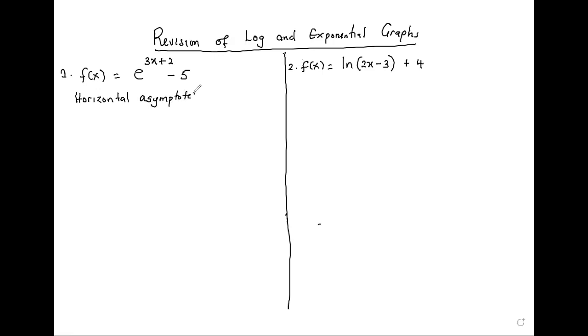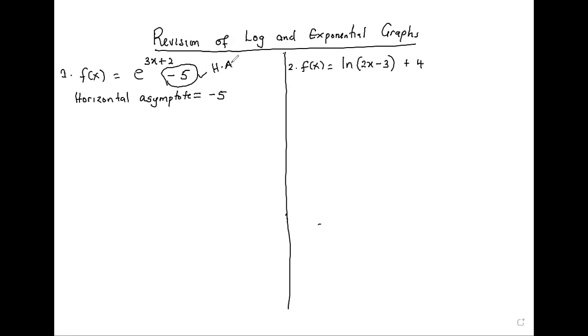This is your first thing. Once you sketch this function, the first thing is what is the horizontal asymptote? So this is just this number here. It is equal to -5. This number here is the horizontal asymptote.